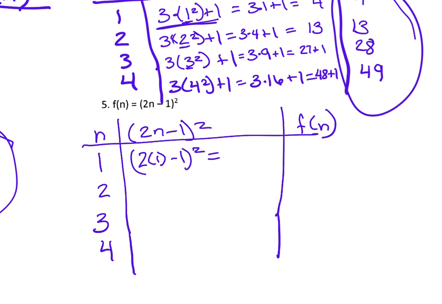What's 2 times 1? 2 times 1 is 2. Right? So 2 minus 1 equals 1 squared, right? Which gives me 1.